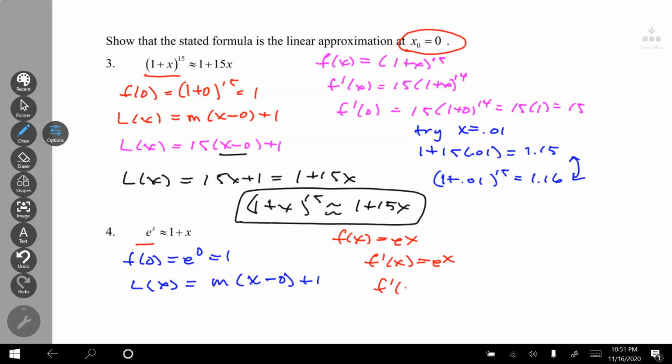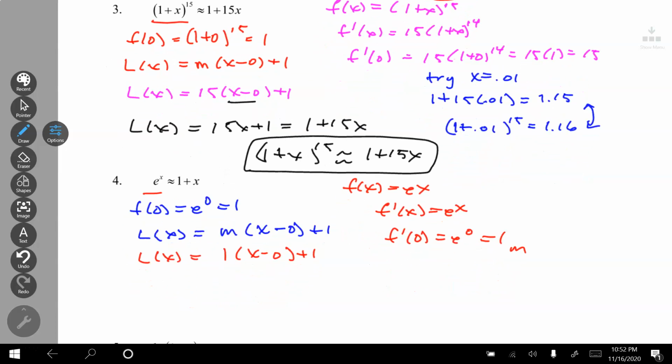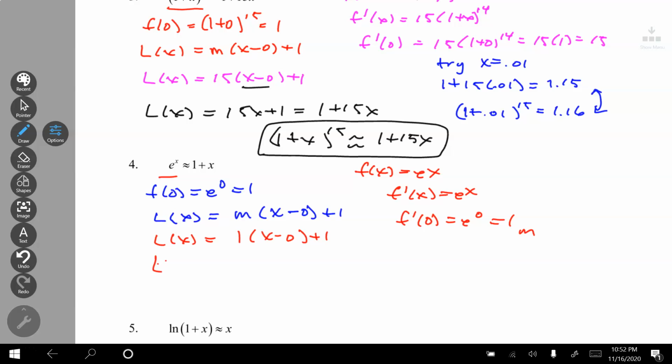I plug in 0 because that's my given x. I get e to the 0, I get 1. So this is my slope. So my linearization is 1 times (x minus 0) plus 1. And if I want to be careful, I could say my linearization is x plus 1.